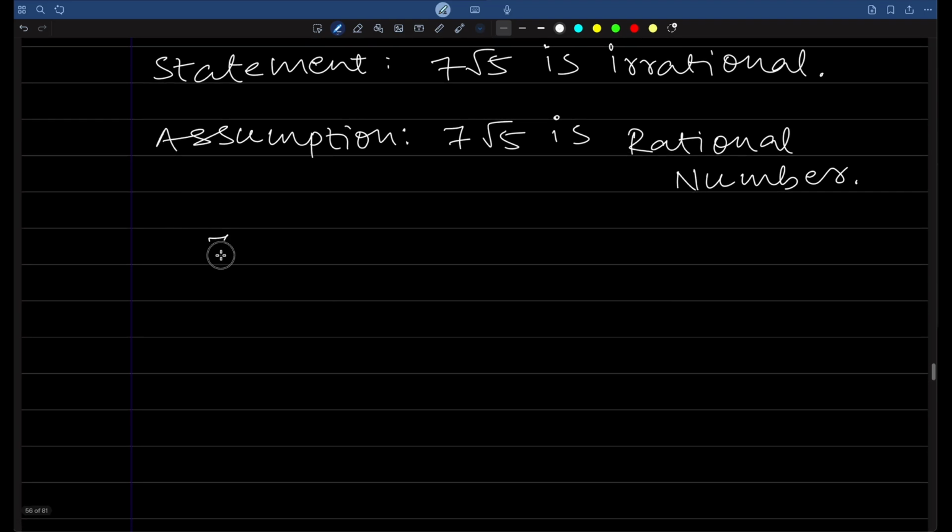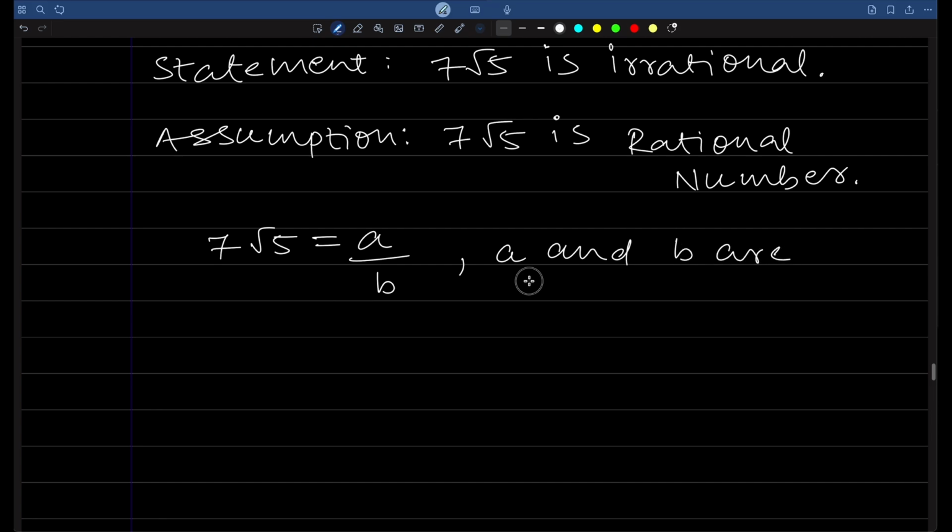If 7 under root 5 is a rational number, we can represent 7 under root 5 in the form a by b, where a and b are integers. We have b not equals to 0 and a and b are co-prime numbers.